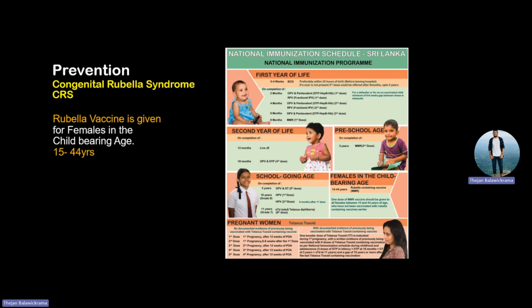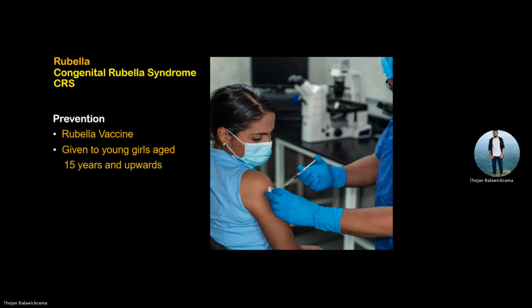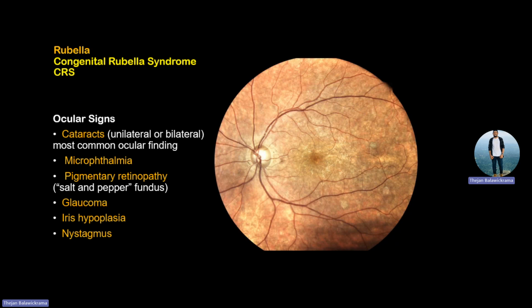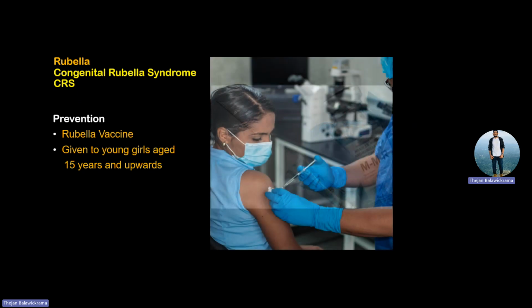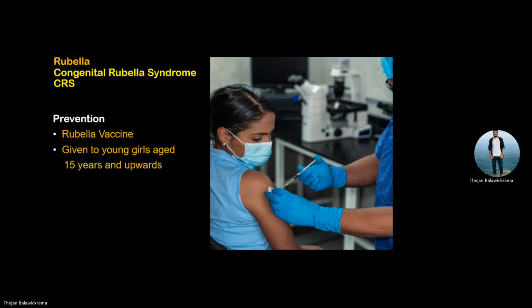And then we talked about fetal alcohol syndrome, mainly ethanol, which is neurotoxic. Because of the neurotoxicity, they have developmental delays. And then we talked about congenital rubella syndrome, which is due to a virus called rubella, which affects the brain, the heart, and the eyes. What we get is a salt and pepper retinopathy, which is like that. And for that, we have a vaccine called the rubella vaccine. Good.